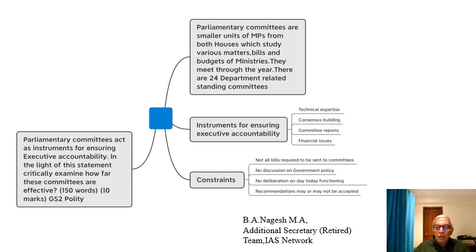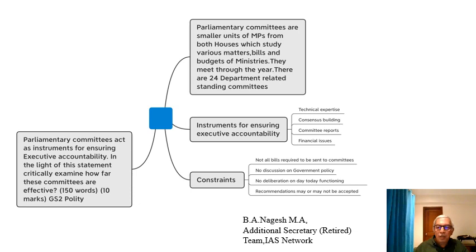Since the parliament cannot meet on a day-to-day basis and it meets only for 3 seasons in a year, it is left to the parliamentary committees to ensure continuity in administration. Parliamentary committees examine a host of issues. As I told you, 3 major committees are the Committee on Public Undertakings, Public Accounts Committee, Estimates Committee.